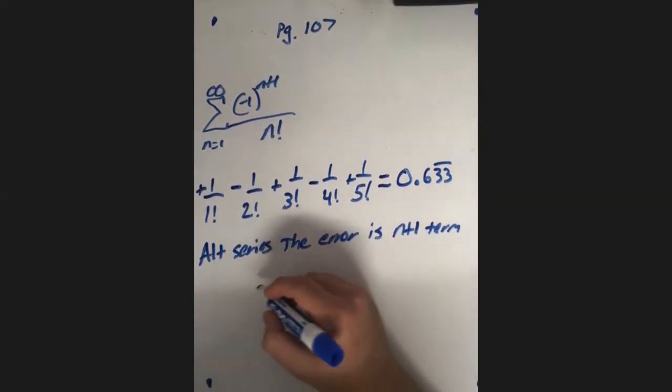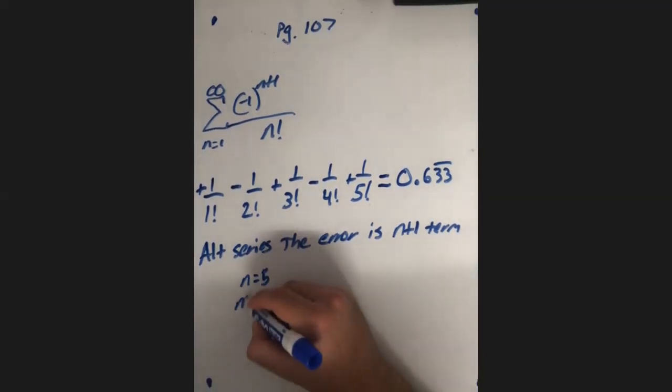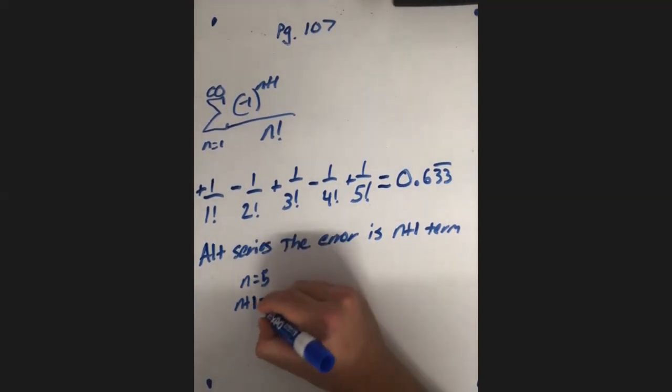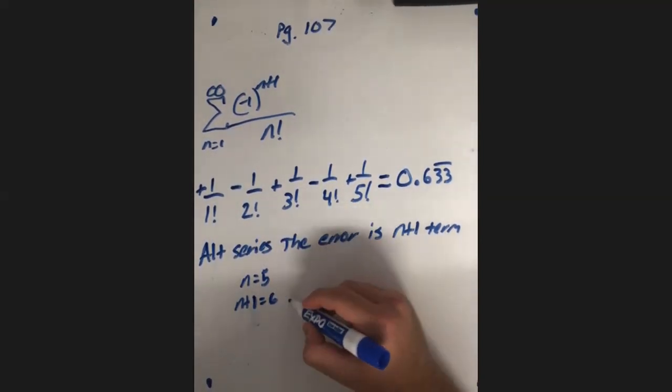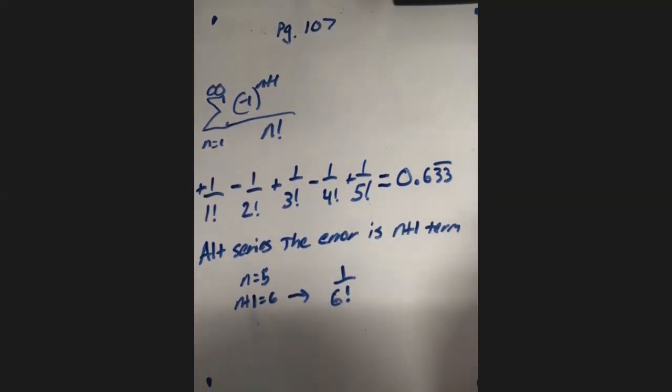Well, what is my n plus 1 term if n is equal to 5? N is equal to 5, n plus 1, oh, I'm like jumping ahead of my brain. N plus 1 is equal to 6, so my n plus 1 term is just going to be 1 over 6 factorial. Again, very, very small number.